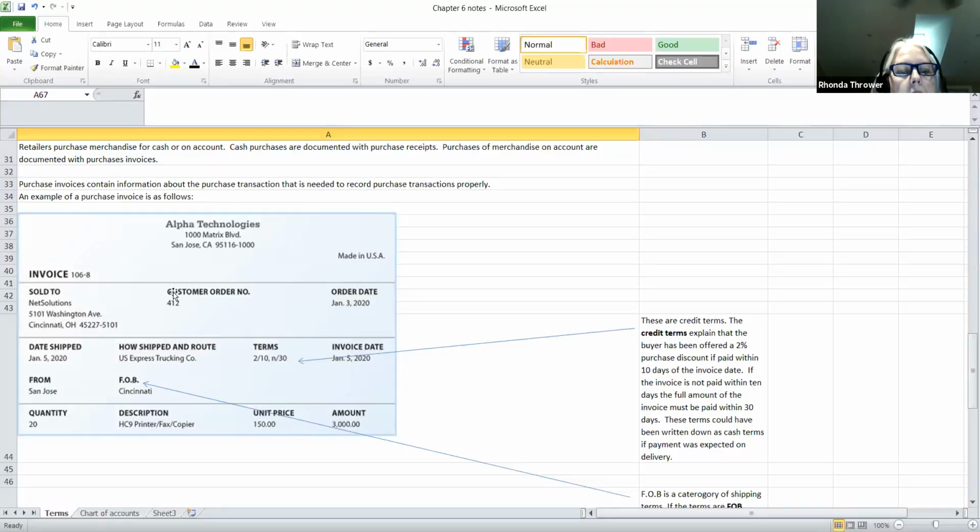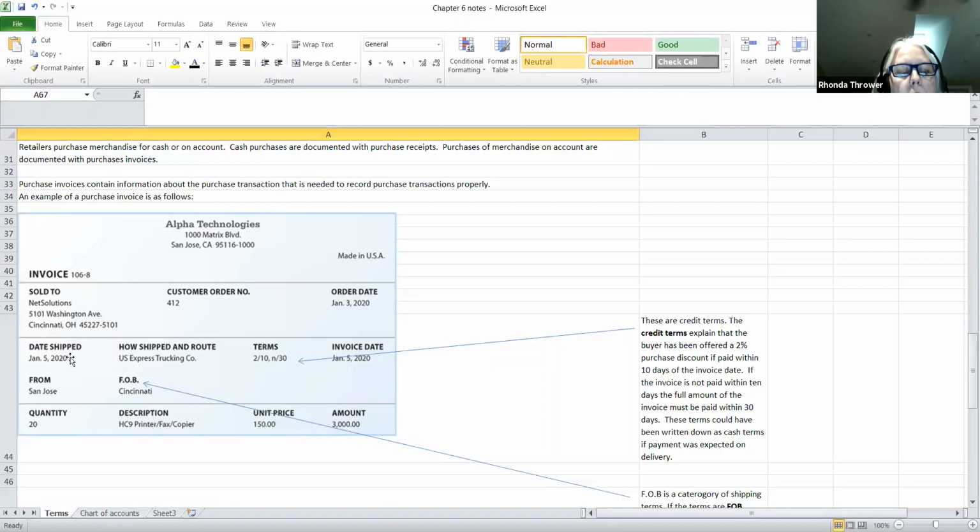And see here that they had a customer order number of 412. That might have been a purchase order that was sent to Alpha Technologies by Net Solutions to say, hey, we'd like to buy some merchandise from you. This is the order number that they gave us, or it might be the order number that we sent them. The order date was January the 3rd.